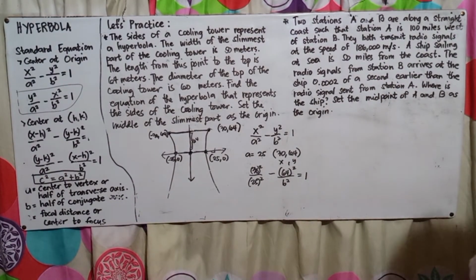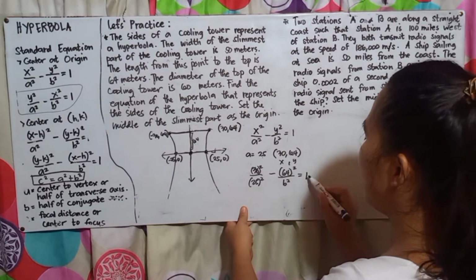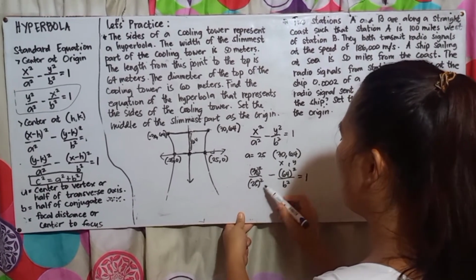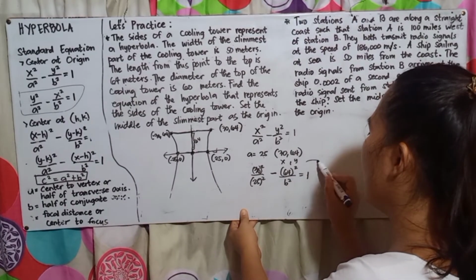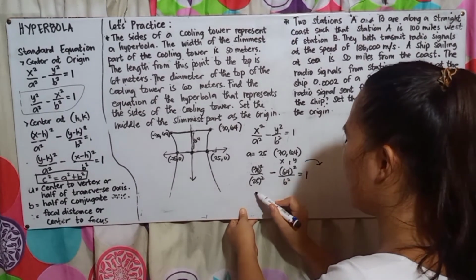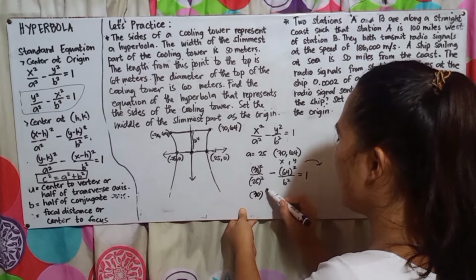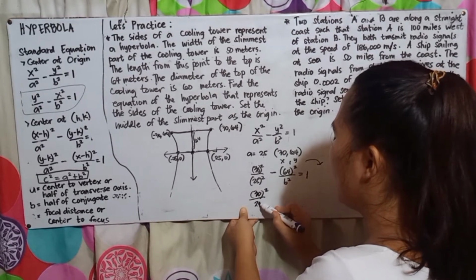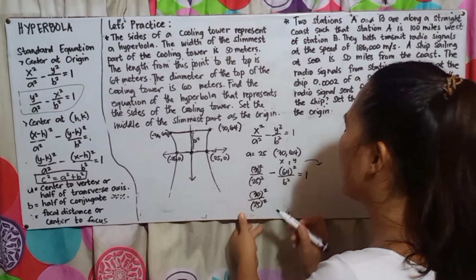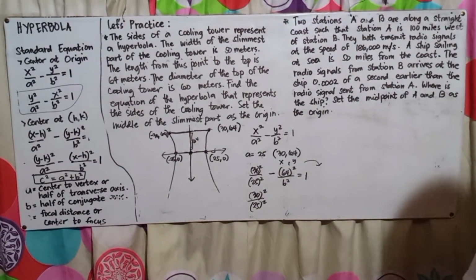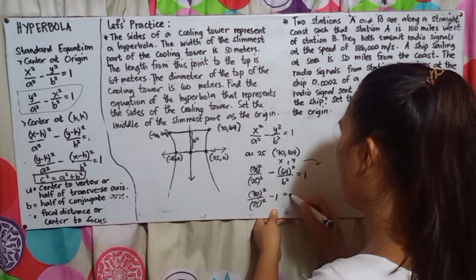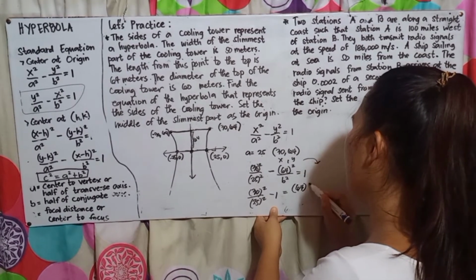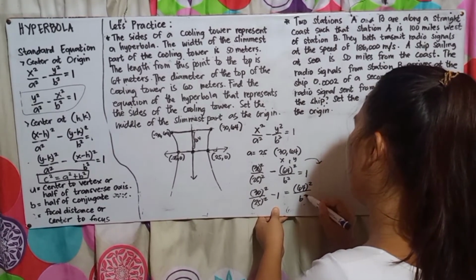Next, we transpose: since it is negative, to make it positive, we move it to this side. So, 30 squared over 25 squared, its sign changes, minus 1 equals 64 squared over b squared.